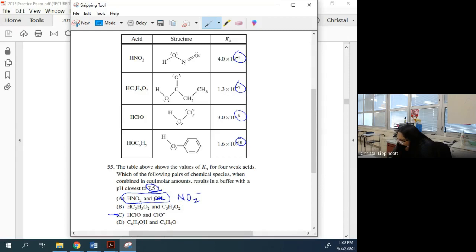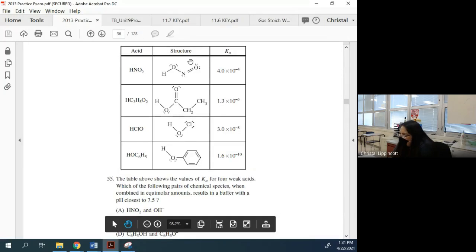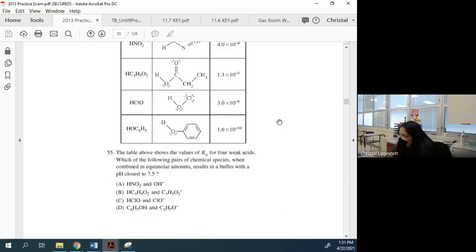And then the value of this one comes in right. So just recognize that sometimes they'll throw you something like this, and you should be able to recognize that that's not even a buffer. I wanted to point that out in this example. Okay, see what you can do for 56.